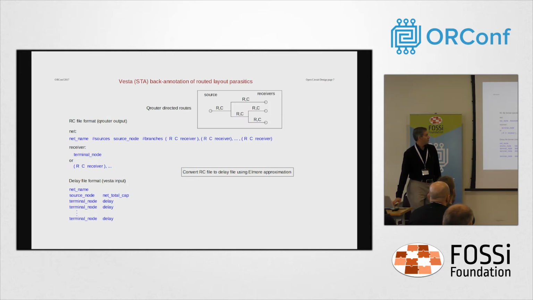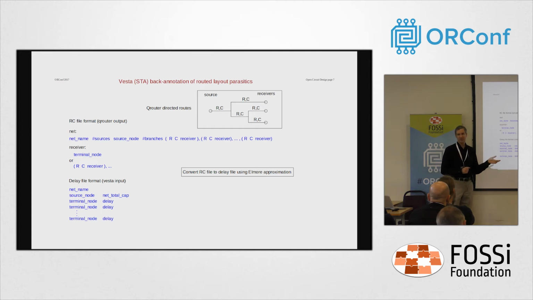One of those other embarrassing questions that just got solved last month is, can you do back annotation of routed parasitics into your static timing analysis? And the answer is yes, as of a few weeks ago. I was working with a person at the University of Texas who knew how to do the Elmore approximation, which is how you calculate an approximation of delay time from point to point from a set of resistance and capacitance.